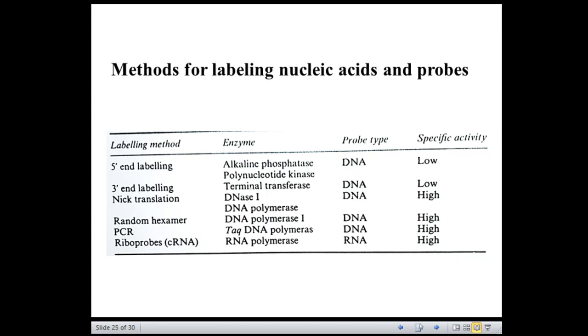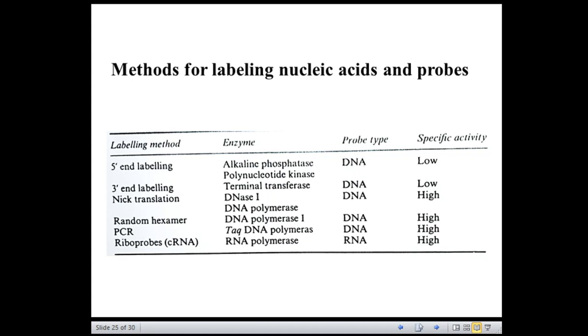Following the exposure, the film is developed and then fixed as a black and white negative, which reveals the precise location of the labeled probe and therefore the DNA to which it has been hybridized.